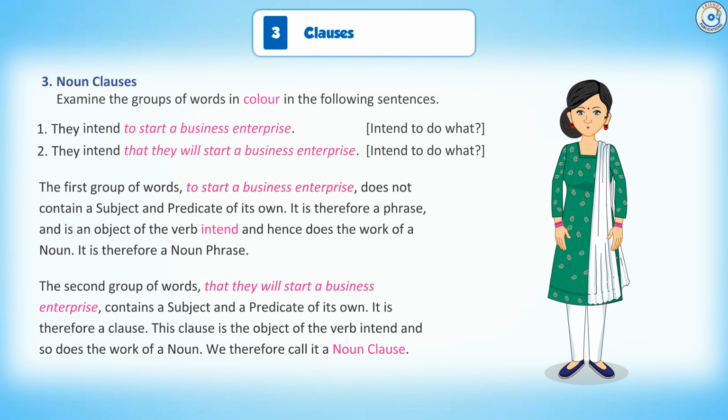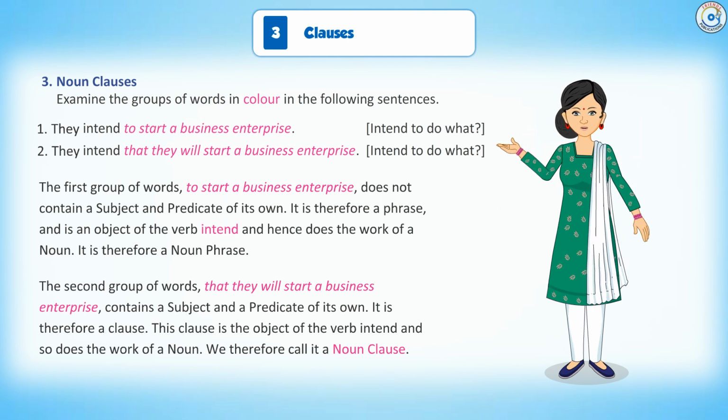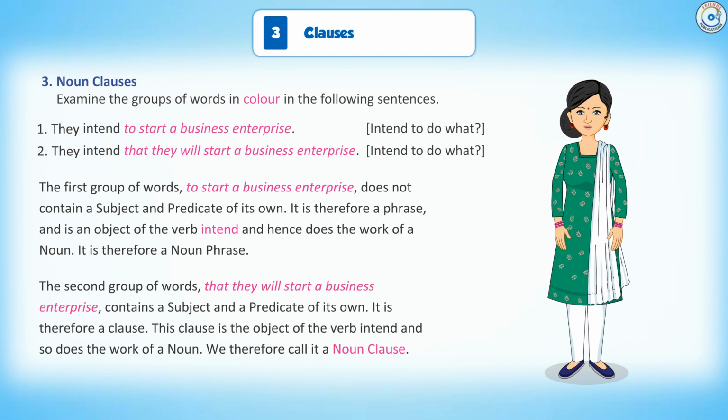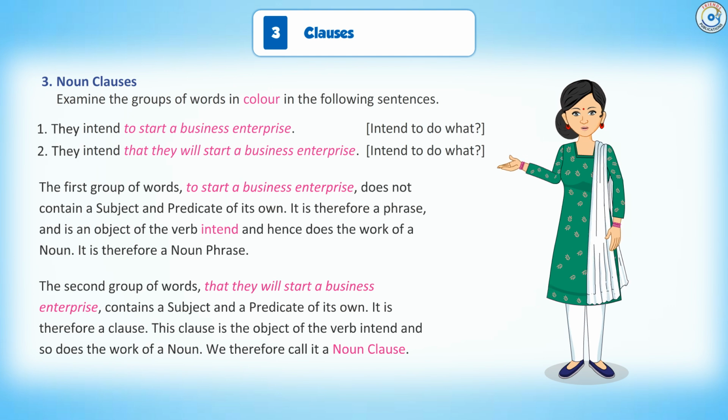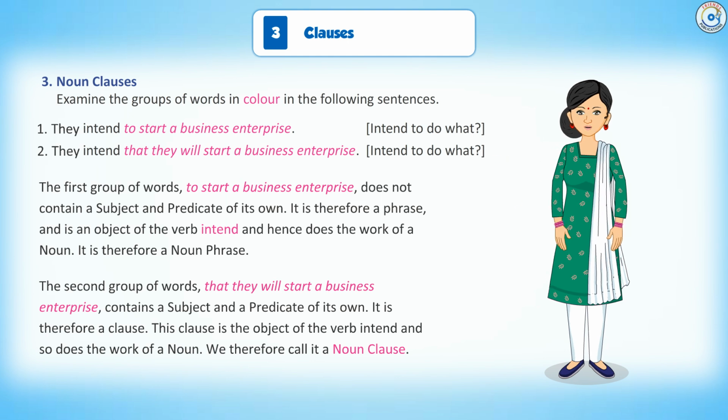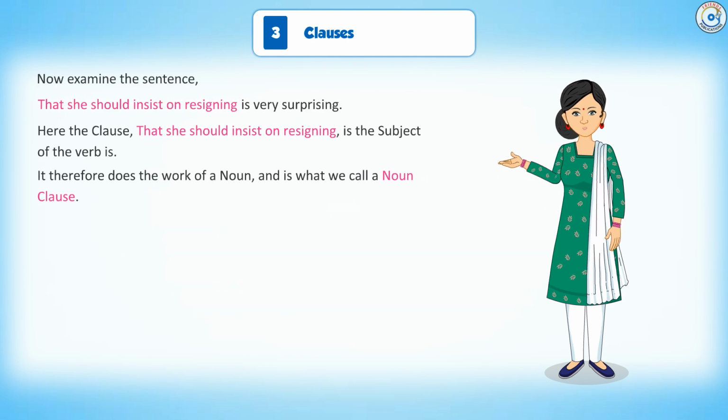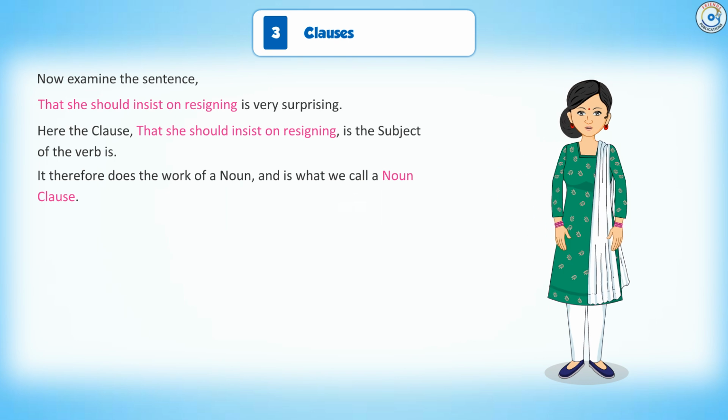The second group of words, that they will start a business enterprise, contains a subject and a predicate of its own. It is therefore a clause. This clause is the object of the verb intend, and so does the work of a noun. We therefore call it a noun clause. Now examine the sentence.